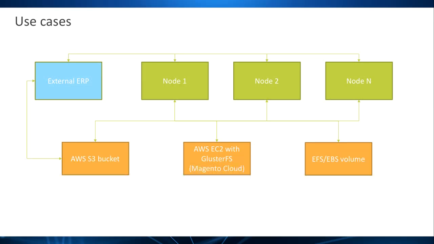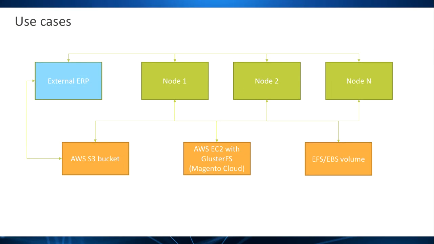Let's compare it to the current storages. Magento Cloud also uses AWS, and it uses EC2 instances. The synchronization comes in place with the GlusterFS synchronization mechanism, which synchronizes data between multiple nodes.